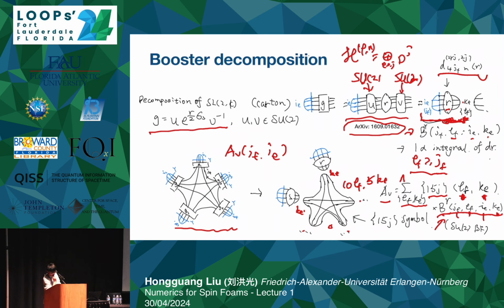Yeah, it's a boost of the tetrahedron on the left, contracted with the tetrahedron on the right. Basically, it compares the boost of one tetrahedron with another. Basically, it's parallel transport of the normals of the tetrahedron.